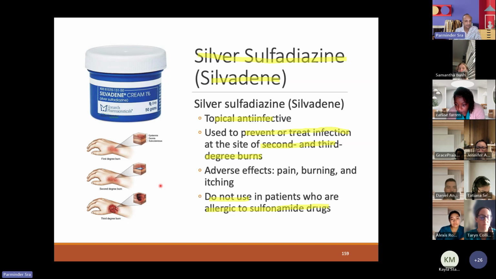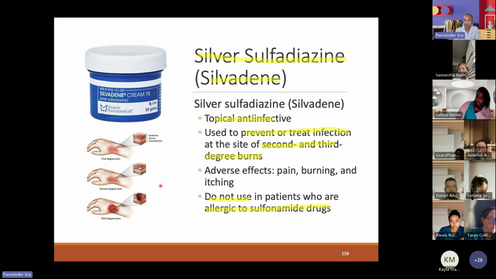So we know what it's used for, burn. Second and third degree, right? And it can be used to prevent or treat infection related to second, third degree burns.